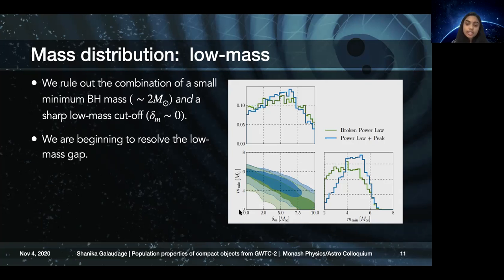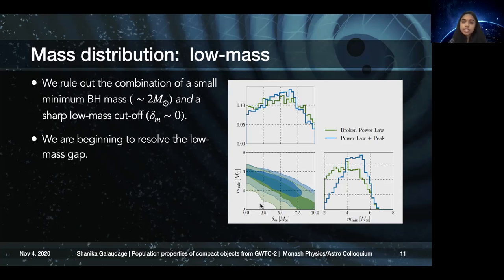So what do we see here? You'll notice that in the bottom left-hand corner, we don't have any support for this region of the parameter space. So we don't have support for very small black hole masses with a sharp cutoff. So what we're seeing here is either we have a sharp cutoff at around 5 or 6 solar masses, or we have a smoother distribution or smoother slope or cutoff at lower masses.